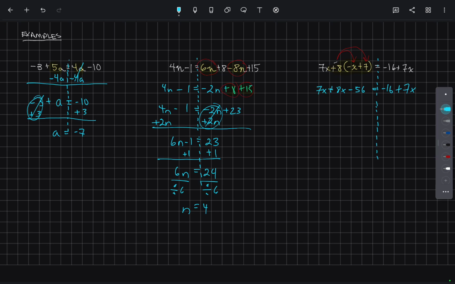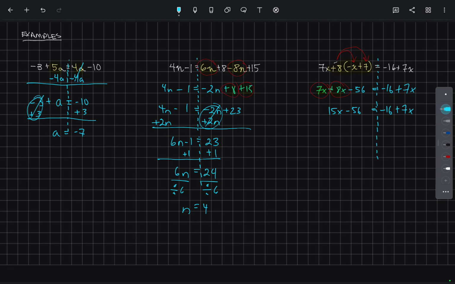Do you see any like terms? 7x and a positive 8x. I'm going to circle those. It's a positive 7x and a positive 8x. I'm going to combine those, giving me 15x minus 56. Negative 16 plus 7x.